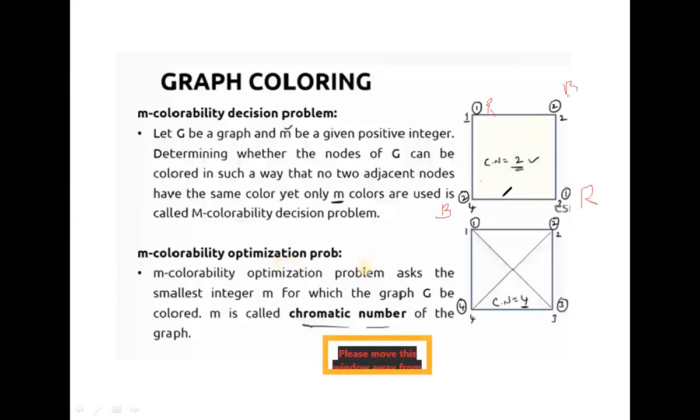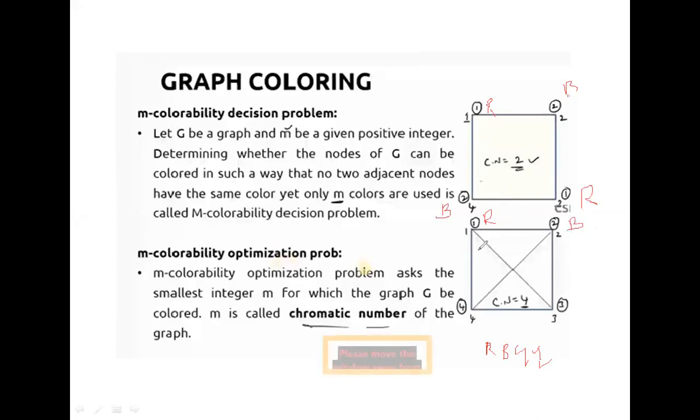In this we have to solve the problem. For this graph the chromatic number is 4 colors: red, black, green, yellow. Why did I say that they need 4 colors? See here, first I write red color here, then I write black.